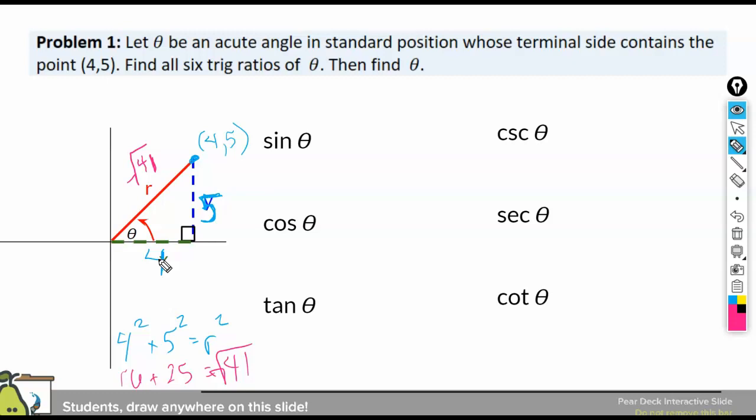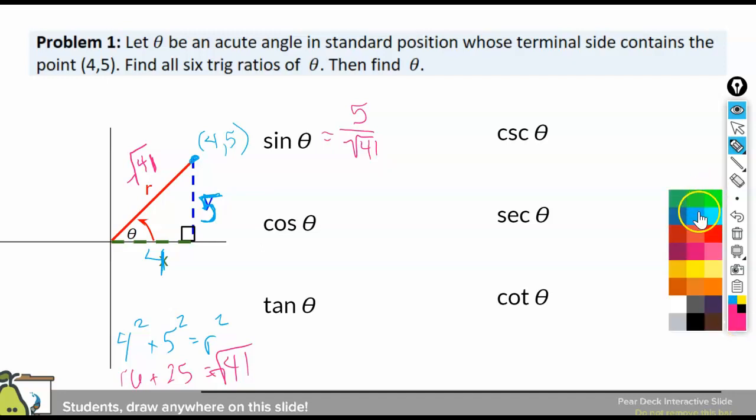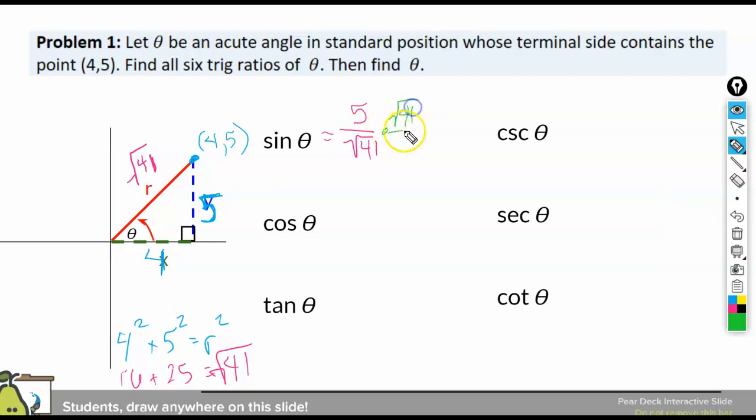So now I have my opposite, my adjacent, and my hypotenuse, and I can find all of my ratios. So sine is going to be equal to 5 over the square root of 41, which as a ratio, I would be done. It's problematic, though, because that radius is the square root of 41, and I have to rationalize that denominator. I can't leave it that way. So I'm going to have to multiply the top and the bottom by the square root of 41.